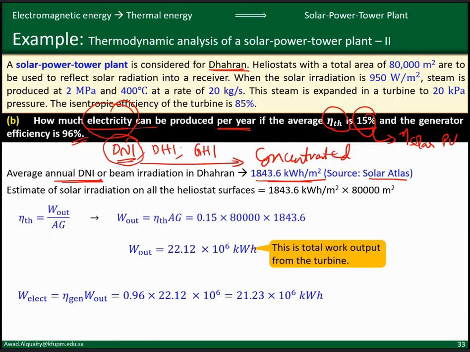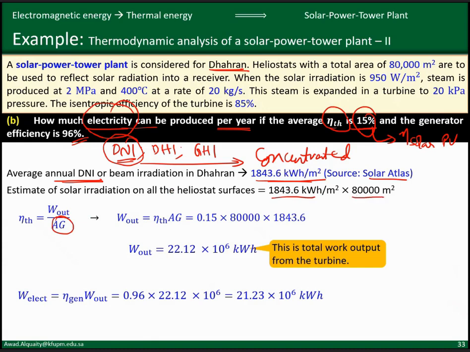Now, once you have that, we can simply calculate the product of effectively G times A, right? We want to calculate how much solar radiation is actually hitting the heliostat surfaces. On an annual basis, it's just going to be the radiation times the area.